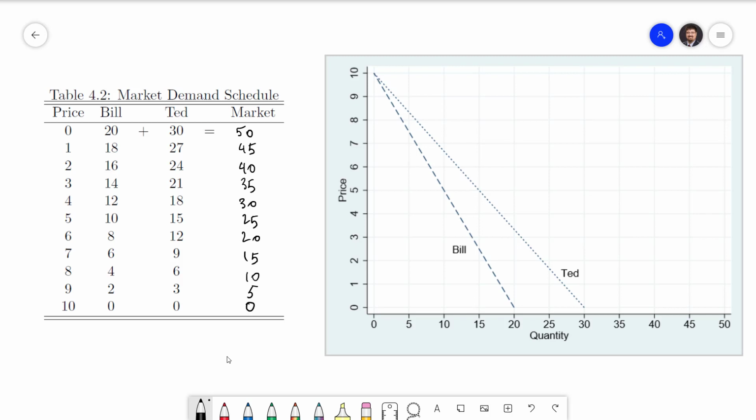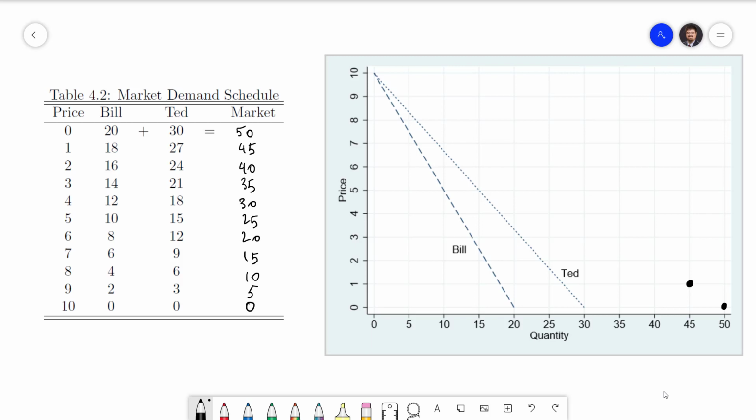Let's see how this looks on the graph. I've gone ahead and used the computer to graph Bill and Ted's individual demand curves. Let's do the market demand curve together. At a price of 0, we can see that Bill is at 20, Ted is at 30, so our total, of course, is going to be 50. And we can go from there.